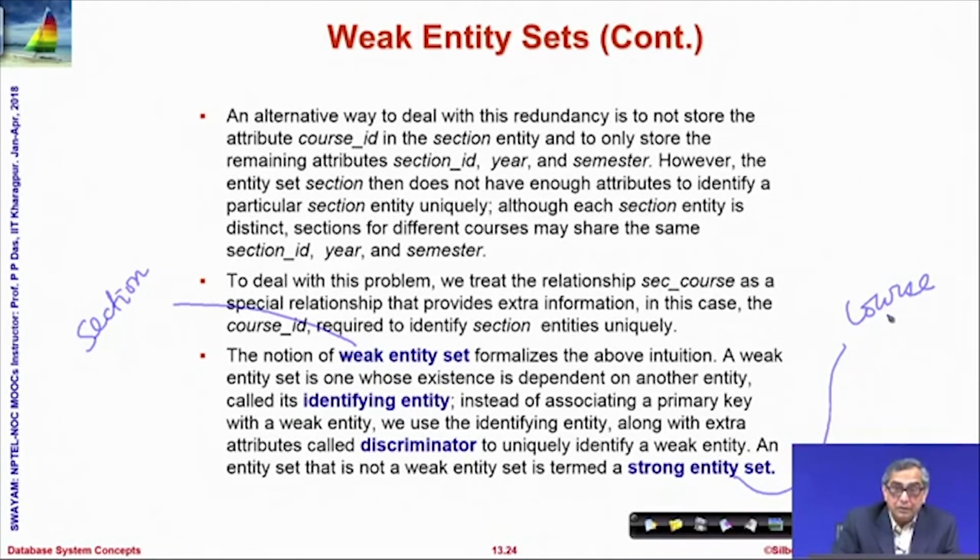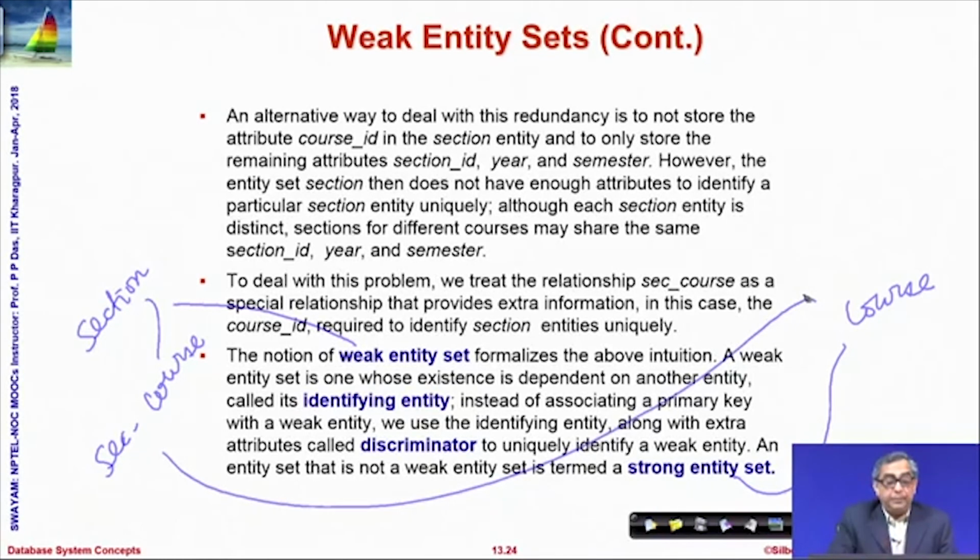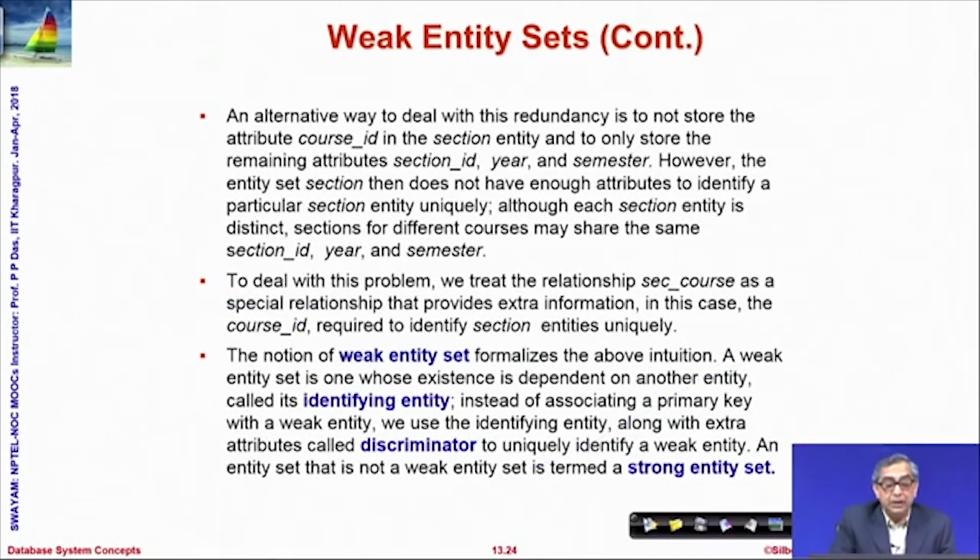Section is not, unless you have a sec course kind of relationship set between the course and the section, which specifies that, well, for this course, this is the section, this is the year, this is the semester. So, this is the identifying entity through which the entities of this set get specified, and whenever that situation happens, then we say that we have a weak entity set.